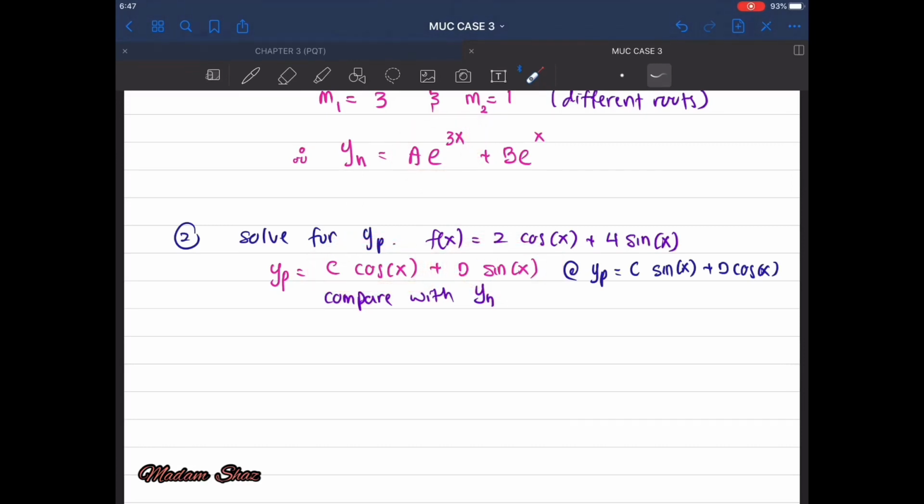So that means there is no equal term between YH and YP, because YH is in terms of exponent, YP is in terms of cos and sin. So we can conclude here, no term in YH is equal to a term in YP. So that means our YP here is suitable for the next step.